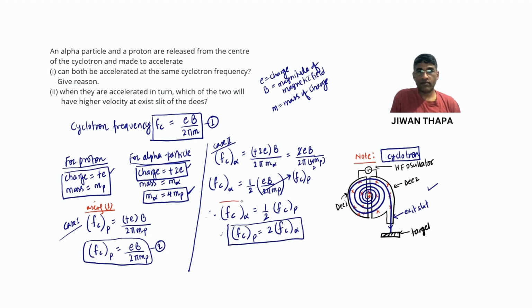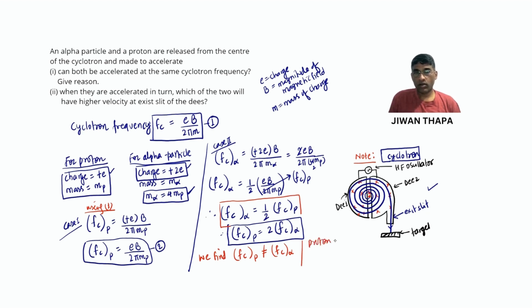So from this relation, can both be accelerated at the same cyclotron frequency? What we find is that the cyclotron frequency for the proton is not equal to the cyclotron frequency for the alpha particle. So they cannot be accelerated at the same cyclotron frequency.